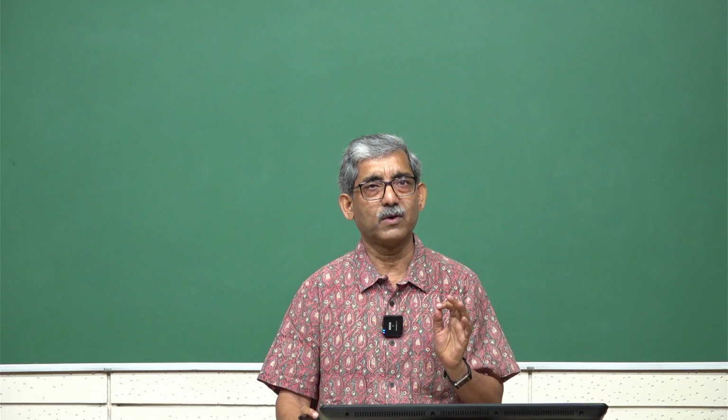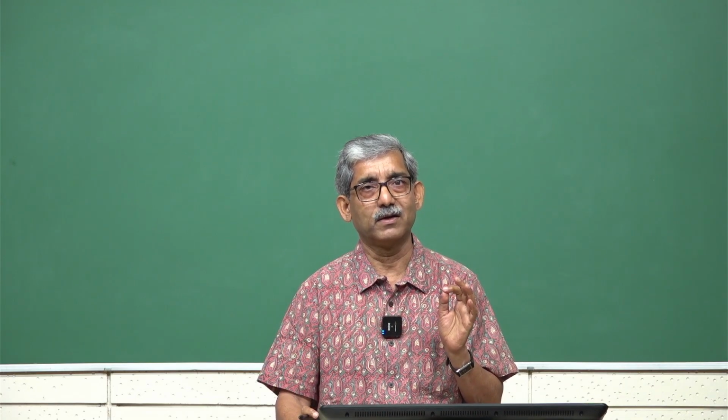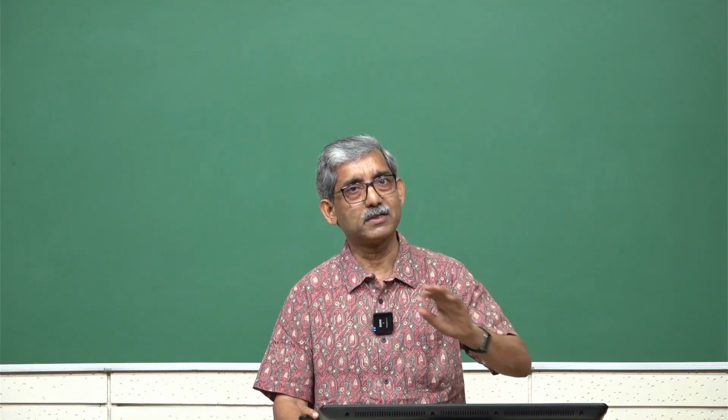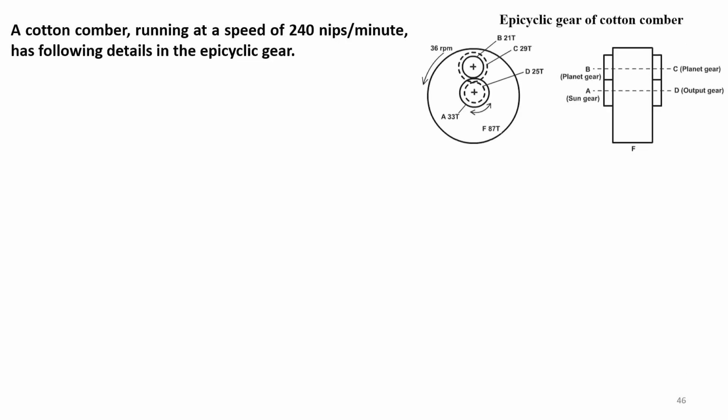Now, let us take one practical example. Okay. Things will be simple. So, one practical example from the industry, let us see. A cotton comber is running at 240 nips per minute, has following details in the epicyclic gear. This is the same epicyclic gear we are using.